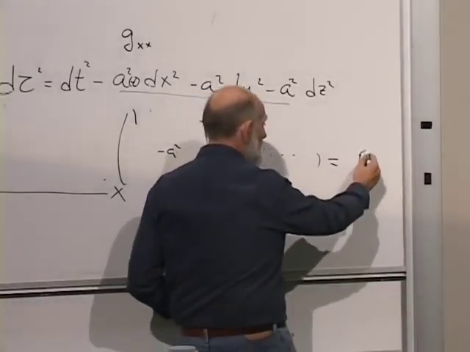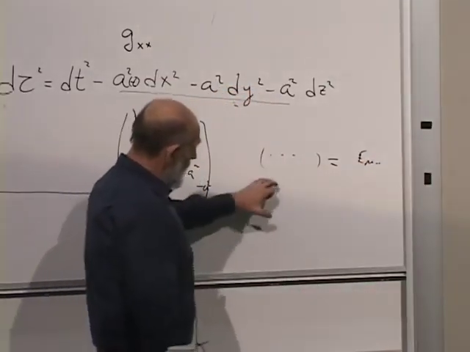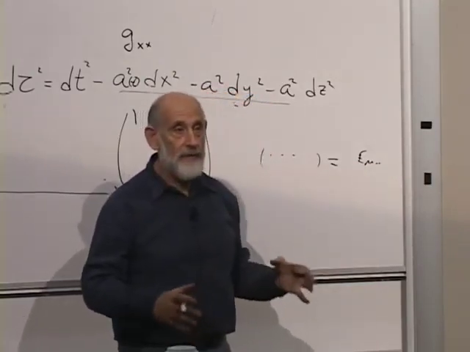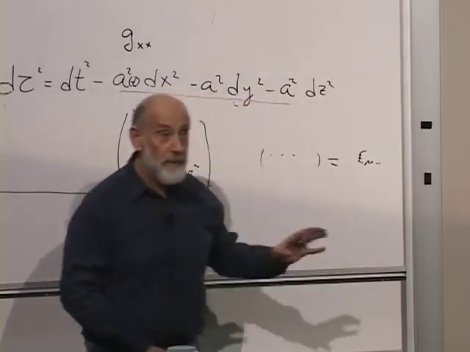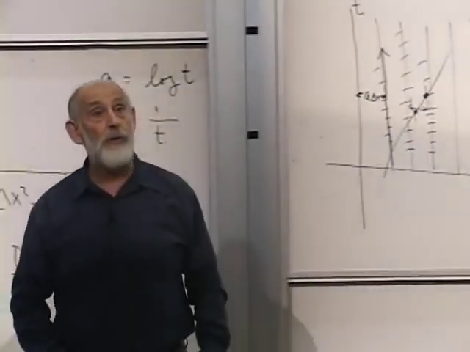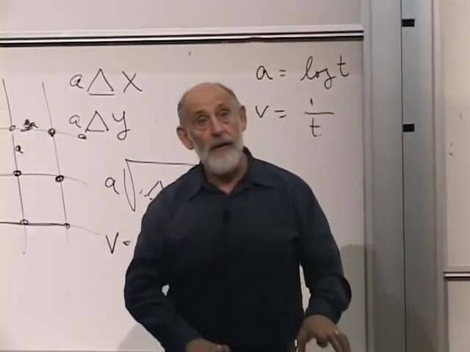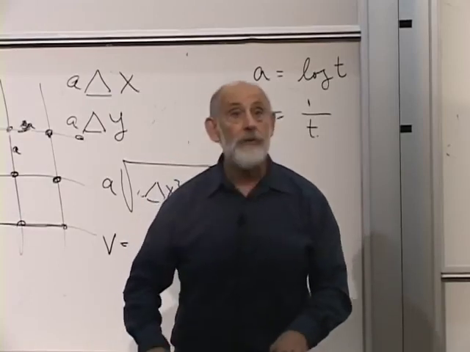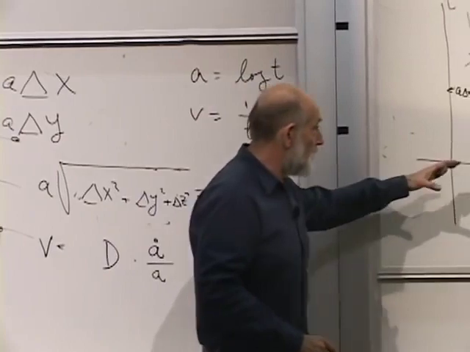So if we put in this geometry, we could calculate what kind of energy momentum distribution we would have to have in order that it solves Einstein's equations. So we're going to come to that. That's a very important part of the whole thing. But for now, we're just doing geometry and not dynamics. Dynamics is what determines how the metric changes with time. Geometry is just the abstract description of a space, or space-time.